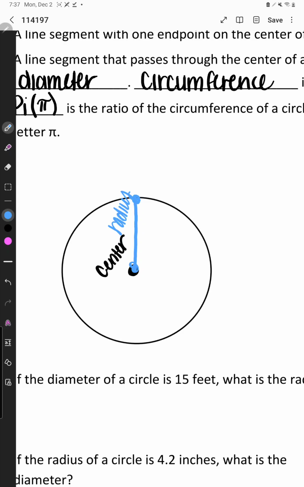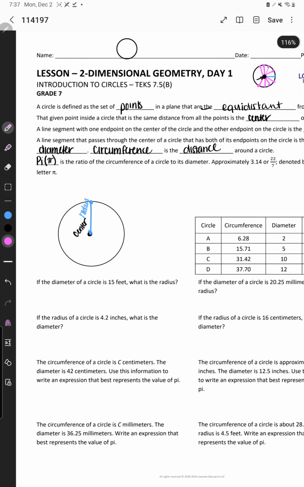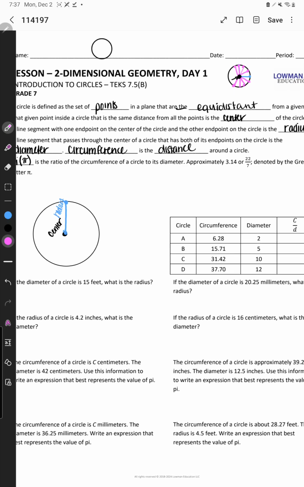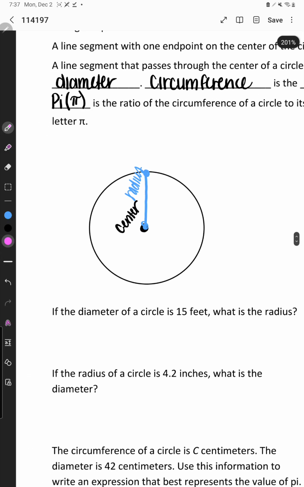Radius just goes from the center of the circle to the outside of the circle. The other thing that it talks about is a line segment that passes through the center of the circle that has both of its endpoints on the ends of the circle. So let's say that this is the endpoint. So I go through the center, and then it keeps going and hits the other end of the circle. That is called our diameter.